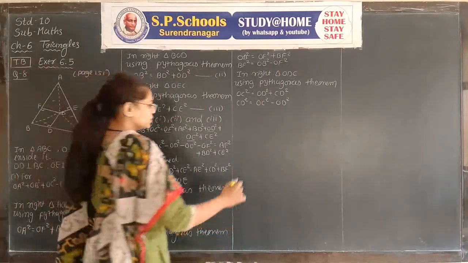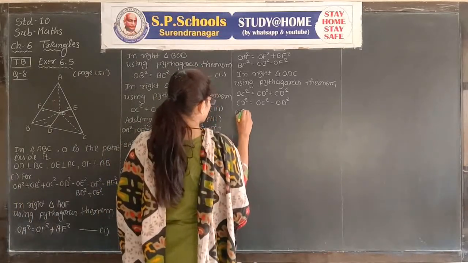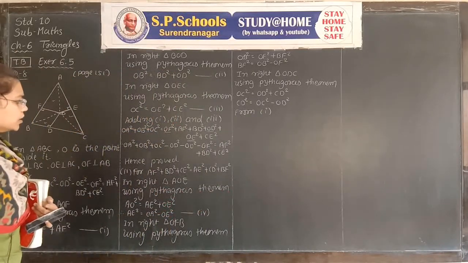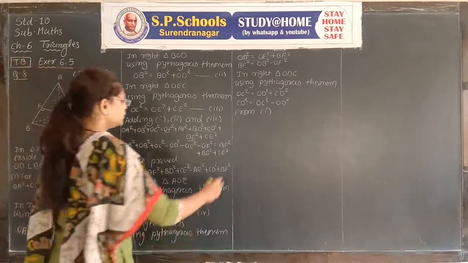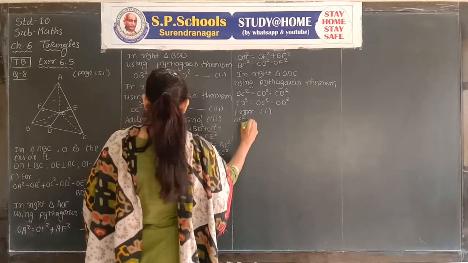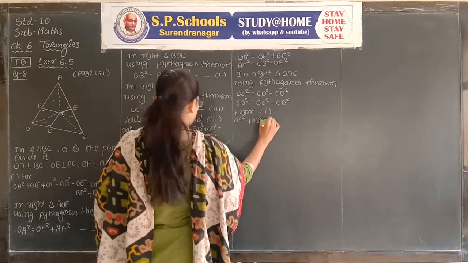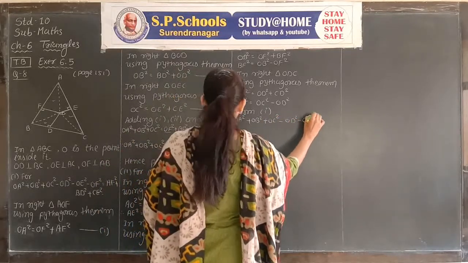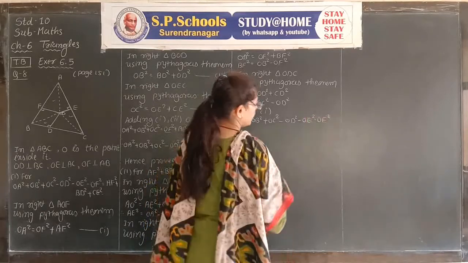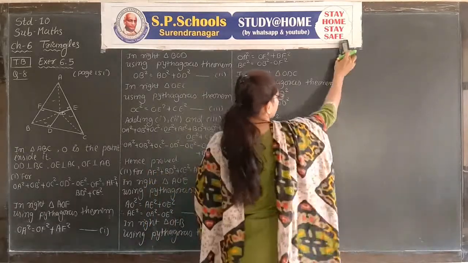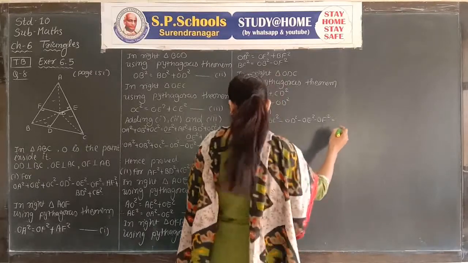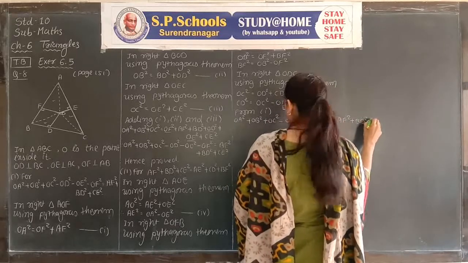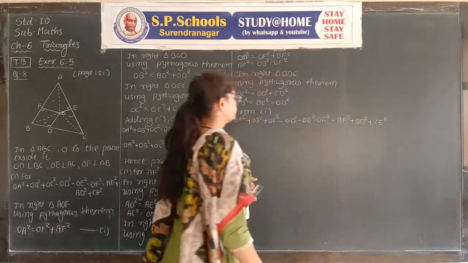Now take the result from 1. From 1, write the given thing. OA square plus OB square plus OC square minus OD square minus OE square minus OF square is equal to AF square plus BD square plus CE square.